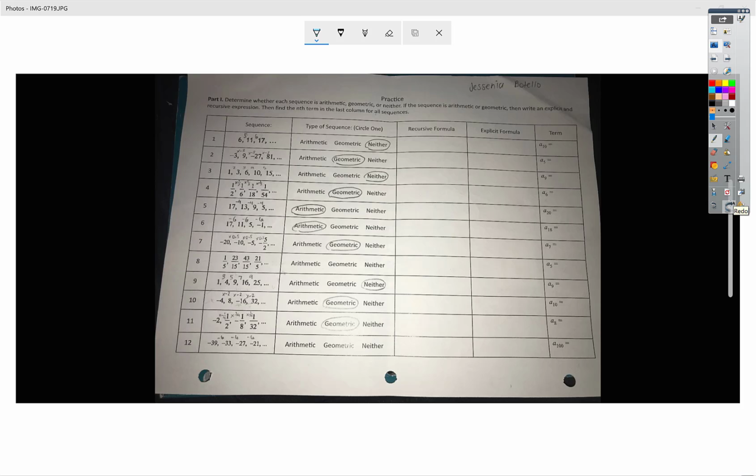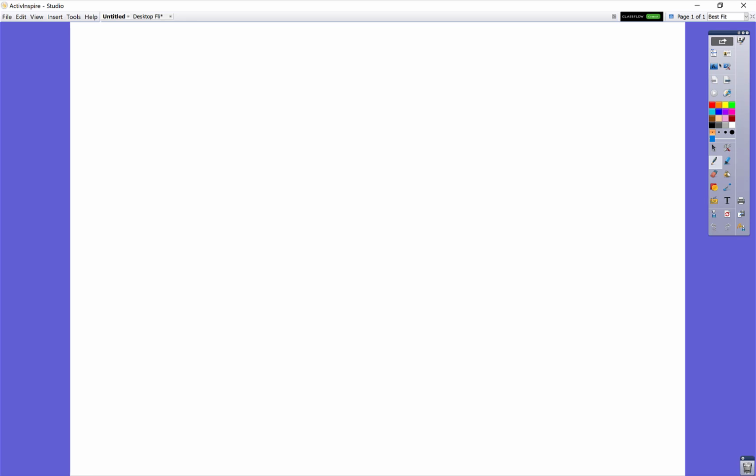So, now we're looking at sequences, and sequences are a pattern of numbers. So let's just get some basic terminology. A sequence is a pattern of numbers. We can even say it's a list of numbers that follow a pattern.